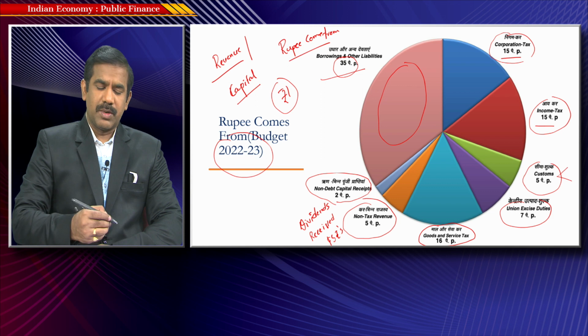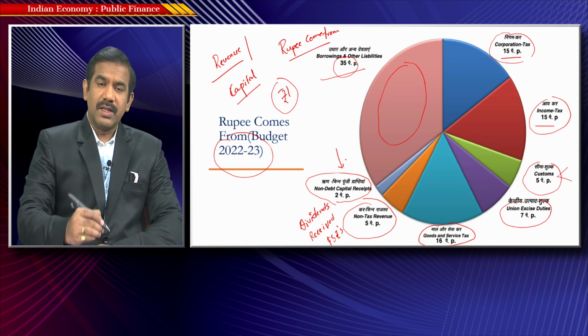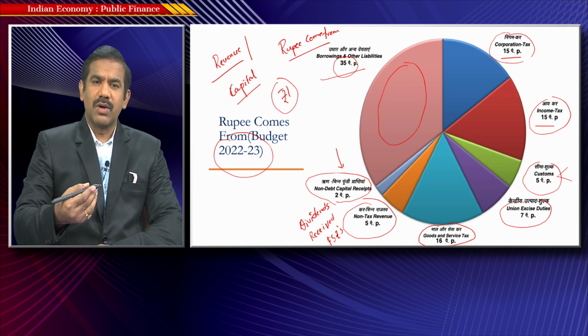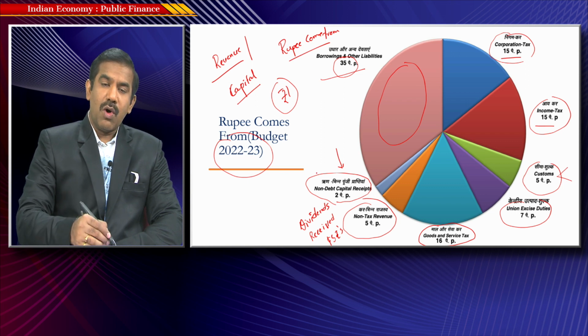What do we mean by non-debt capital receipt? You know what a capital receipt is: anything that doesn't recur or repeat. Then what is non-debt? A capital receipt that does not result in any liability upon the government of India. One simple example is loans repaid by the states, or proceeds from disinvestment. That is a fine example of a non-debt capital receipt.